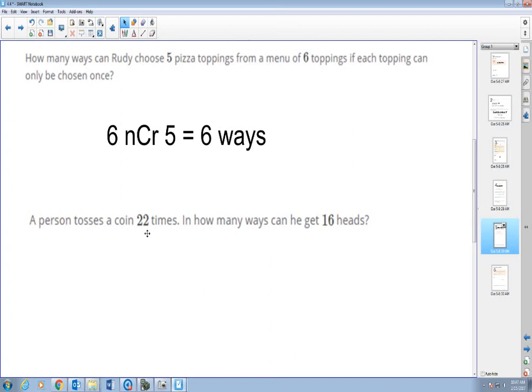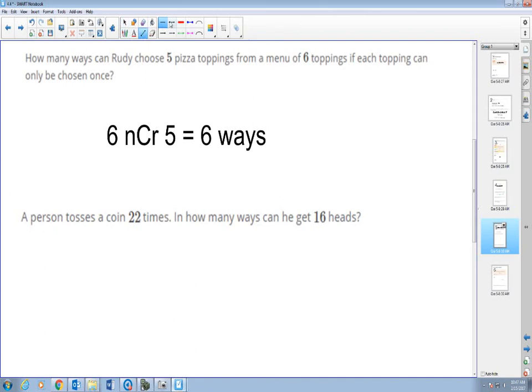A person tossed a coin 22 times. In how many ways can he get 16 heads? Okay, so I'm not gonna write all this out. I'm gonna say 1, 2, 3, 4, 5, 6, 7, and then 1, 2.